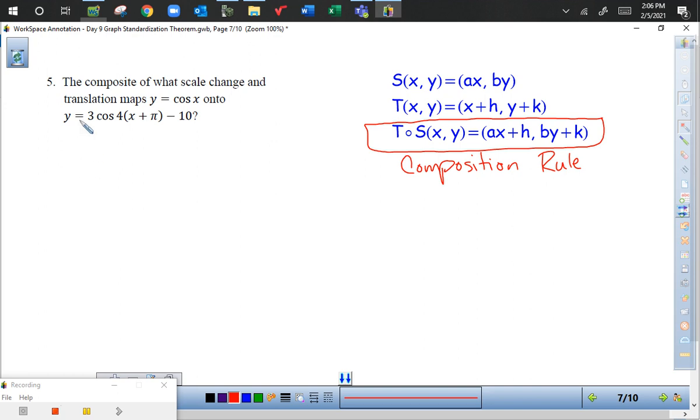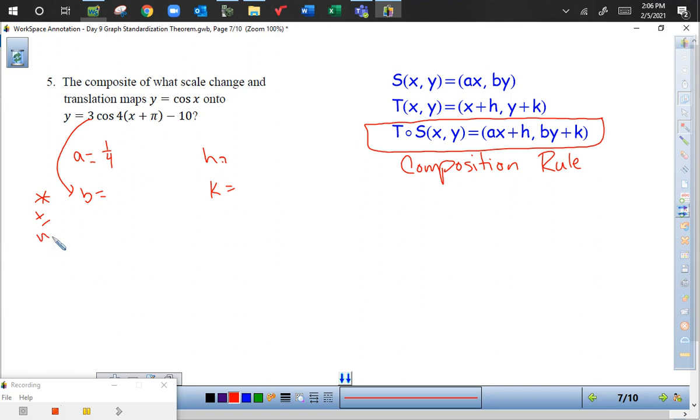Okay, so on problems like this, let's go ahead and fill out our A, B, H, and K from kind of like what we were doing a little bit ago. So A value, this is already factored for us. The 4 changes to 1/4. B value is the number you see. Now this one you got to be careful. This is going to be positive or negative, whatever you see.